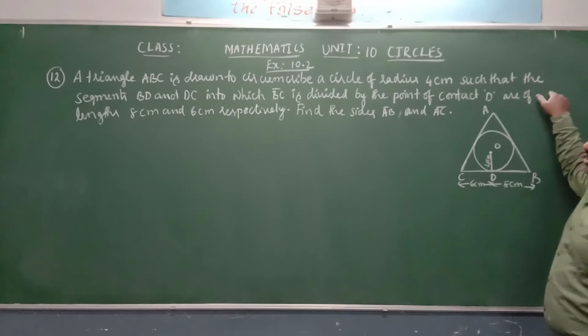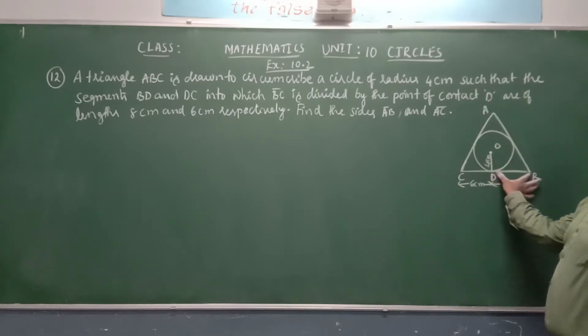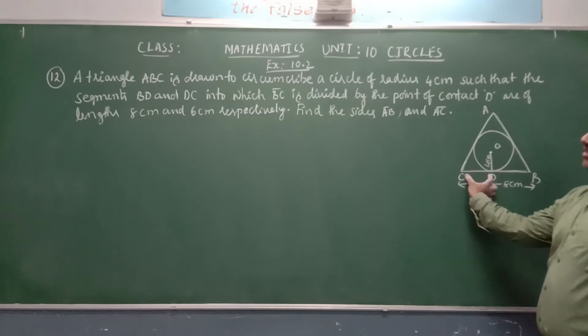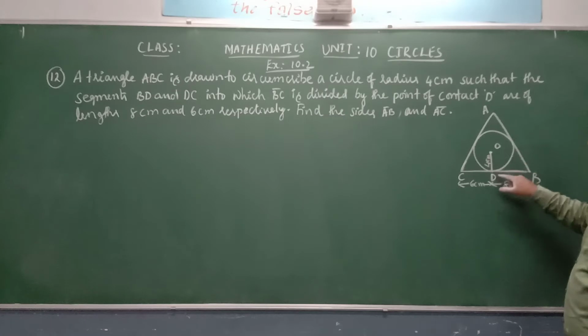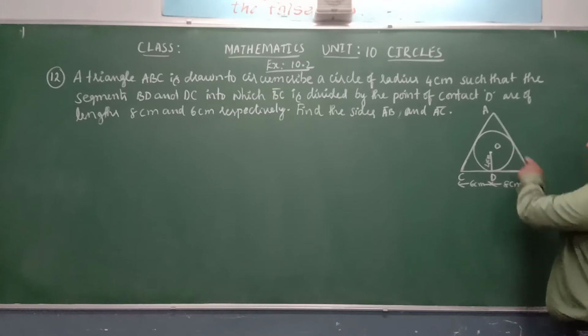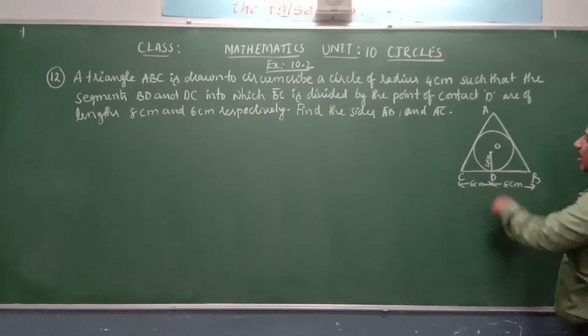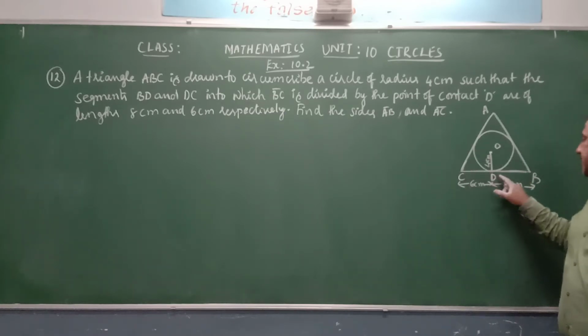Such that the segments BD and DC, into which BC is divided by the point of contact. Now to this circle, the sides BC, AB and AC, all three sides are tangents. For the side BC, D is called the point of contact.